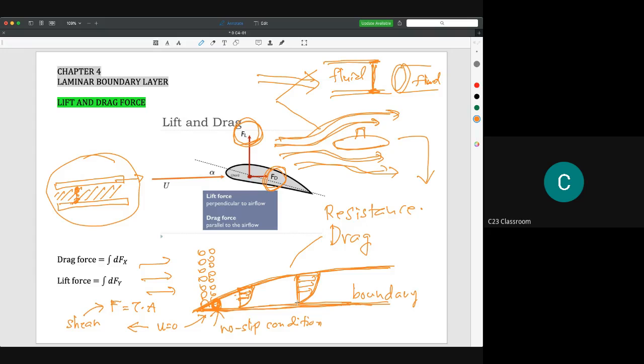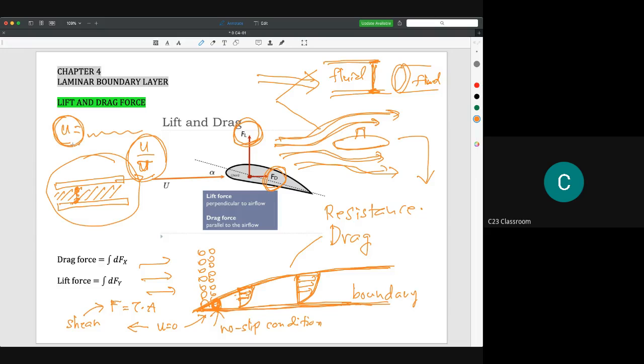If you do revision for chapters 1, 2, and 3, the whole story is that we use the Navier-Stokes equation to get the velocity distribution, whether it is u equal to blah, blah, blah, or we write it as u over capital U. In the boundary layer we will use u over capital U, but in chapters 1 to 3 in the Navier-Stokes equation, we just use the small u. I will explain it later for this topic.